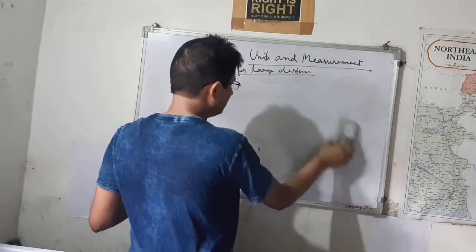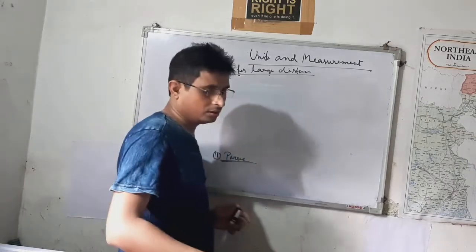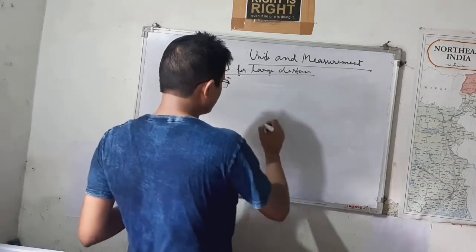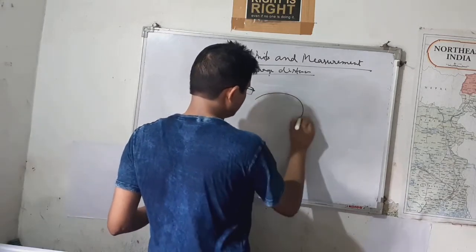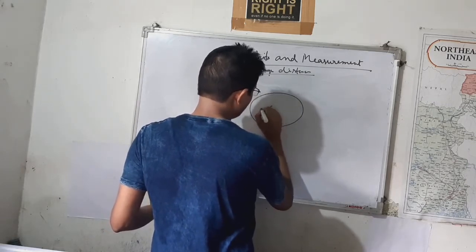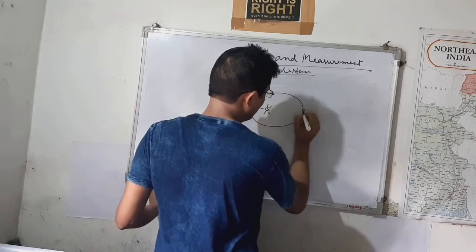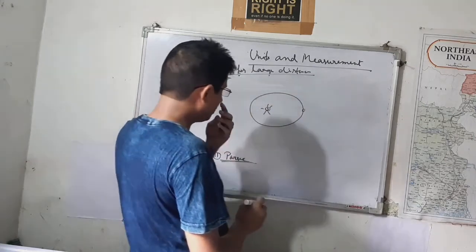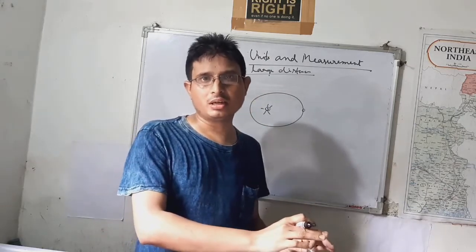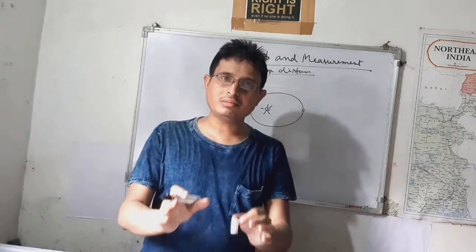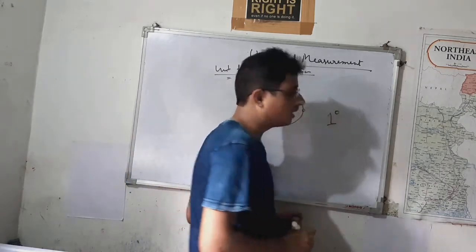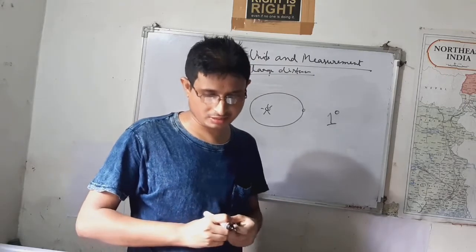We know that Earth revolves around the Sun in an elliptical orbit. This is the Sun and this is our Earth. The distance at which the average radius of Earth's orbit makes an angle of 1 arc second is known as 1 parsec.